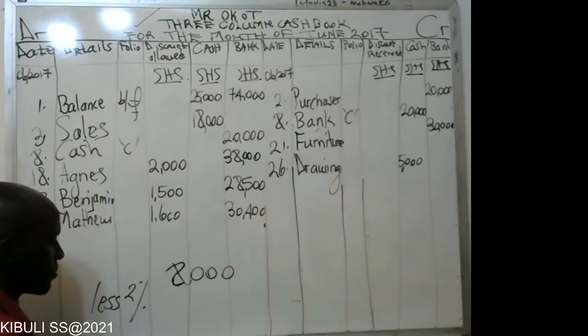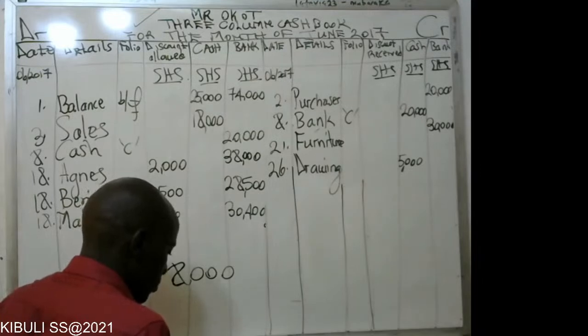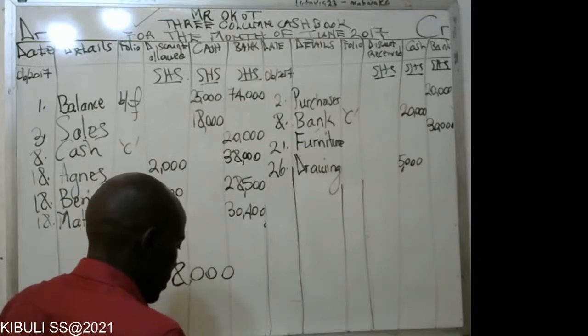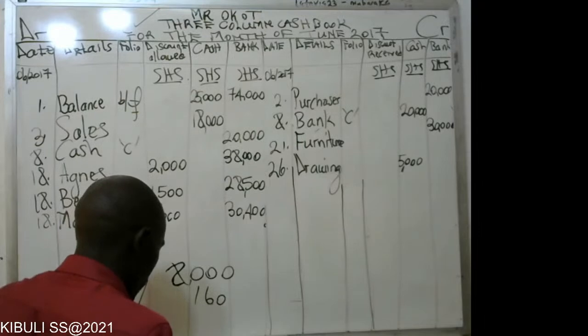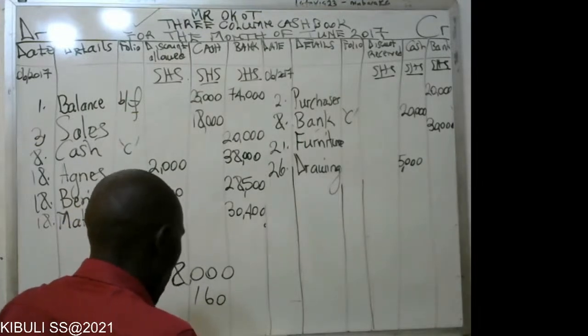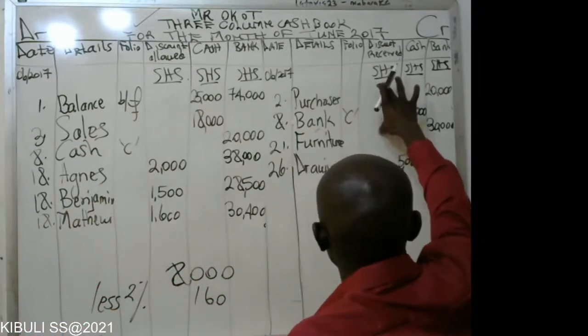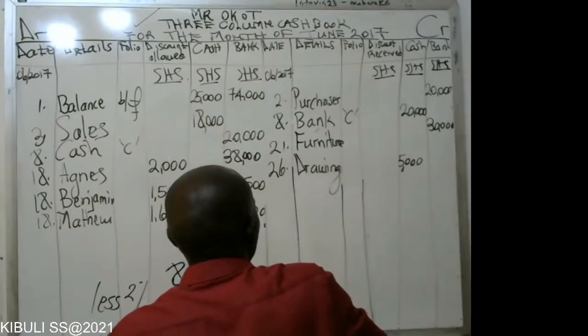2% discount. So when you calculate 2%, 0.02 of 8,000, it gives us 160 shillings. So the discount we received, because we are paying, is worth 160 shillings.